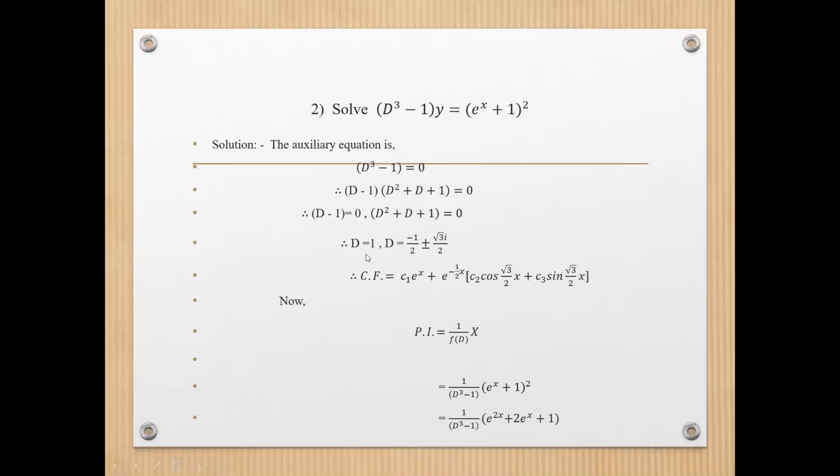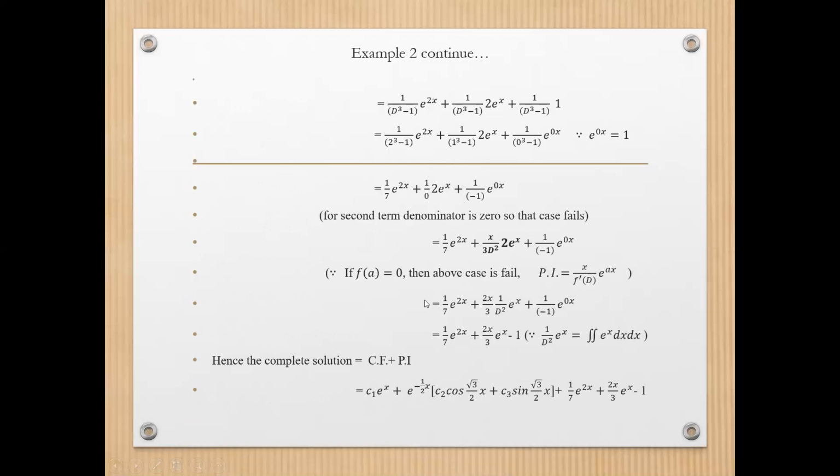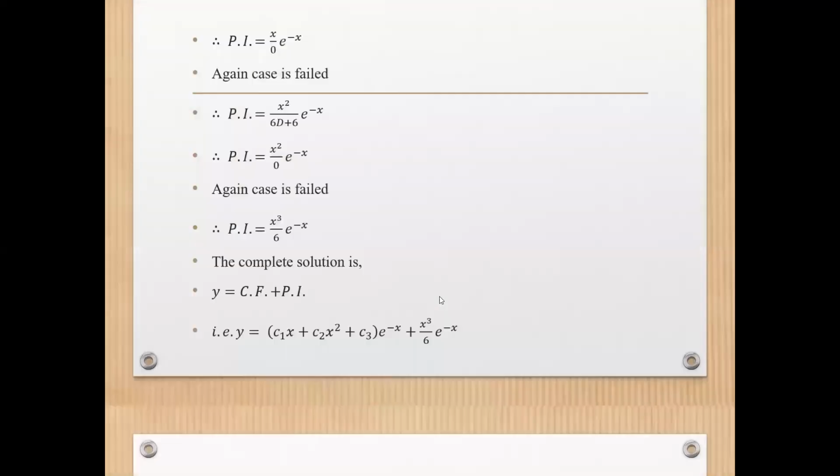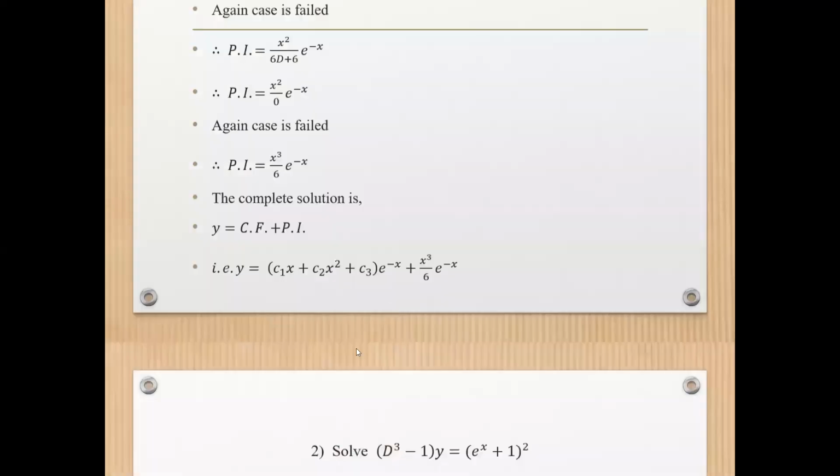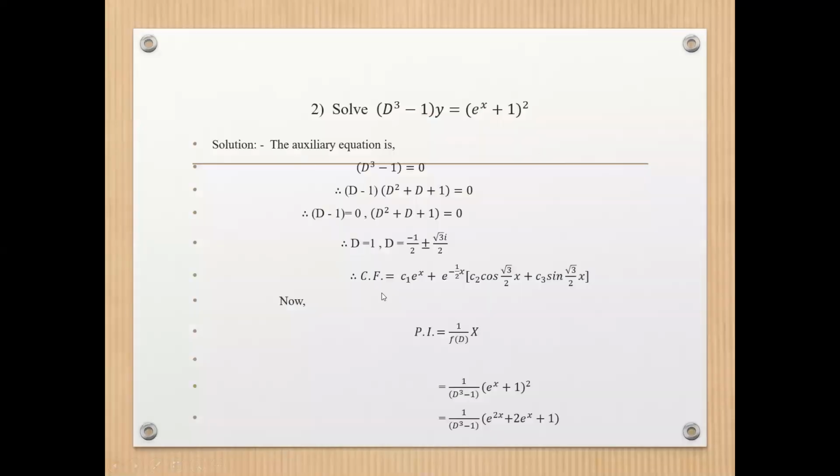Now find its complementary function first, then we are going to find a particular integral. First we have to find the complementary function. The auxiliary equation is f of d equal to 0. What is f of d? d cube minus 1 is equal to 0.